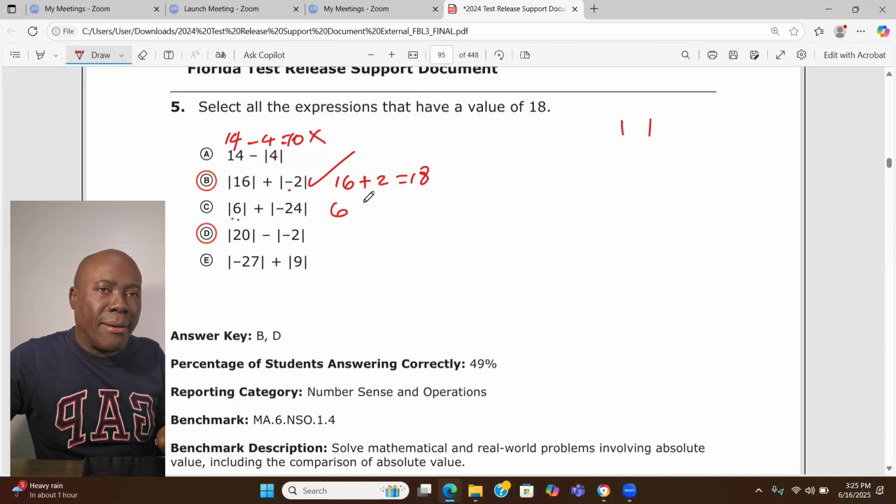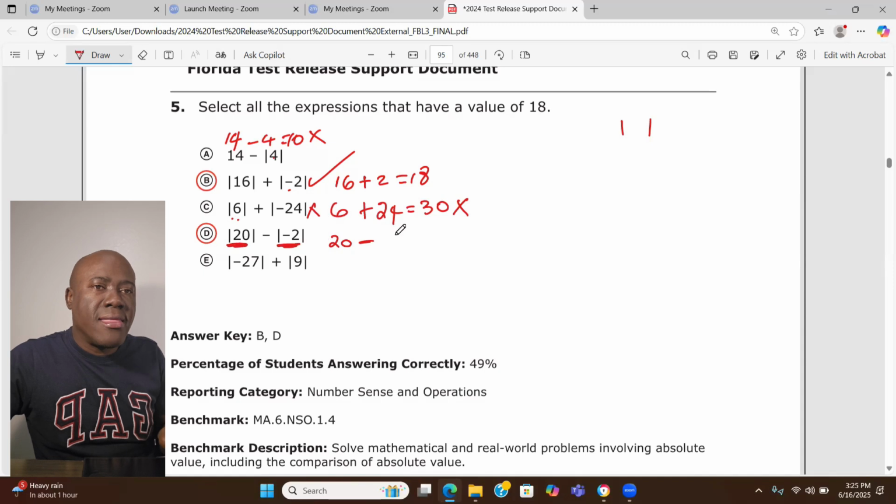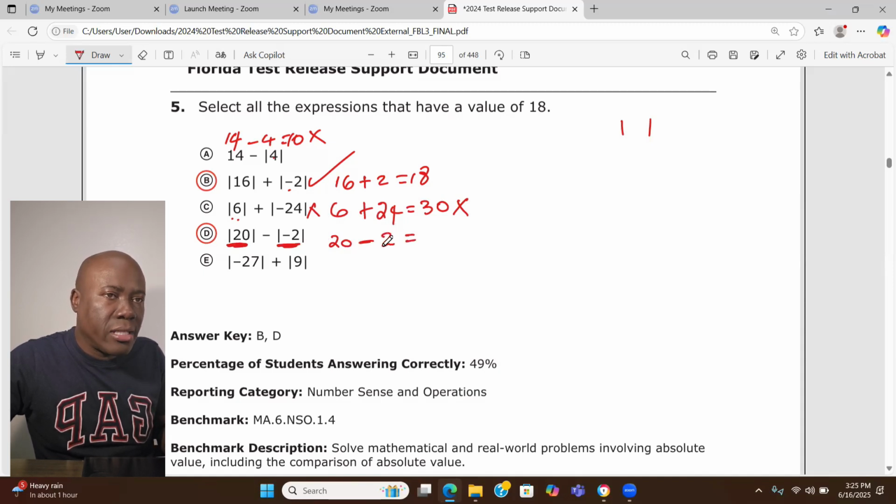Let's check this one out. The absolute value of 6 is 6, plus the absolute value of negative 24 is positive 24. Remember, the absolute value of anything is positive, so this becomes 30. This is not correct. Let's look at the other one. We have the absolute value of 20 here, which is 20. We have a subtraction, and then the absolute value of negative 2 is actually positive 2.